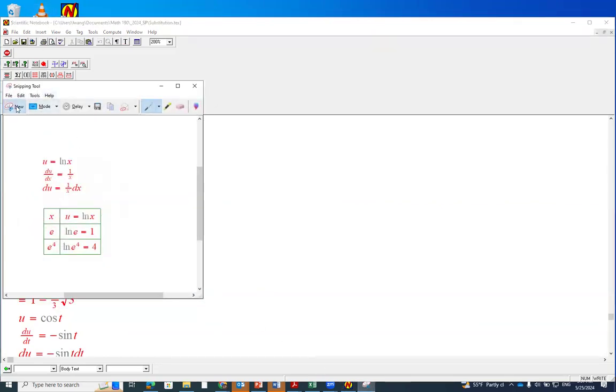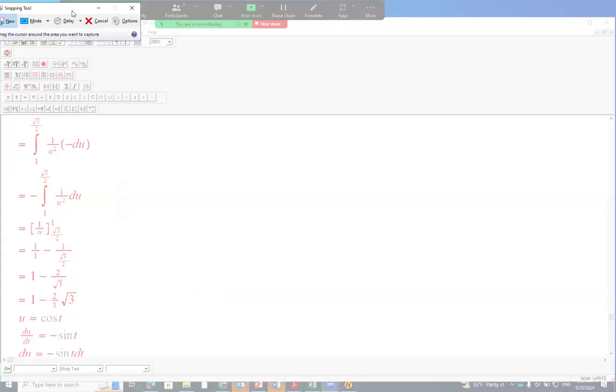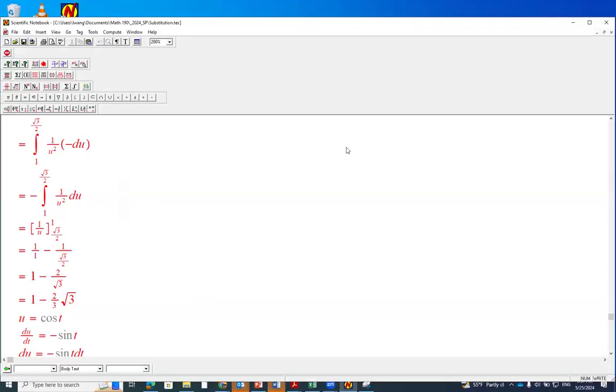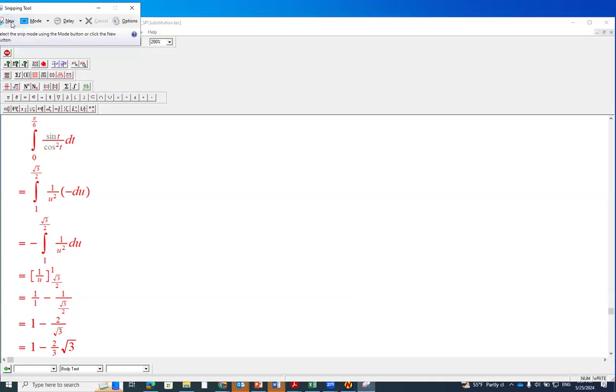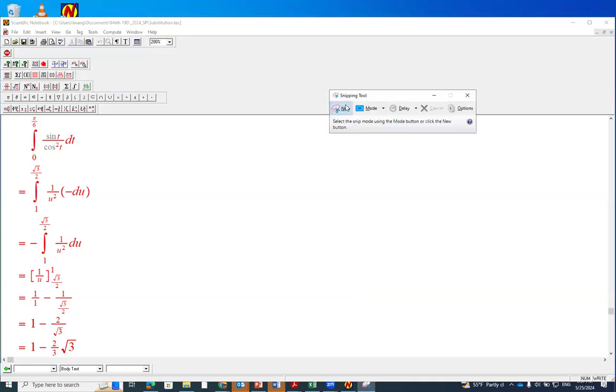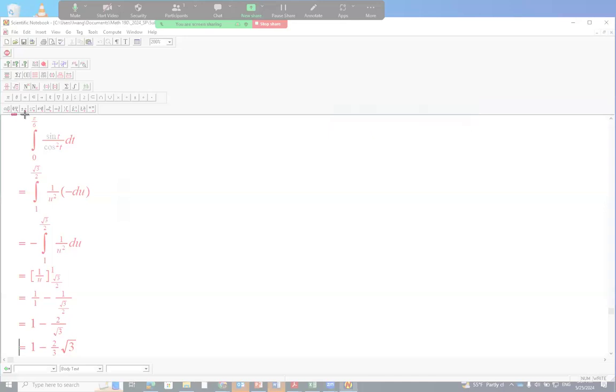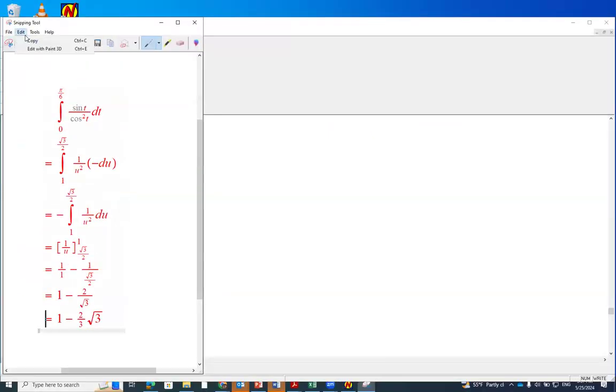How to show work side by side. Wait a second. Here we go. Okay. I'm going to show you this screenshot. There we go. Okay, show work side by side.